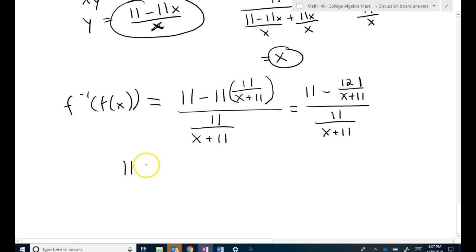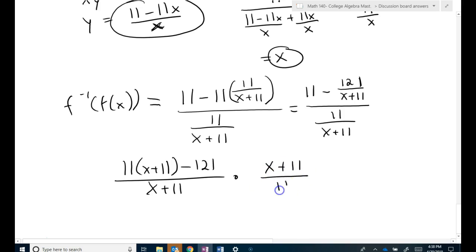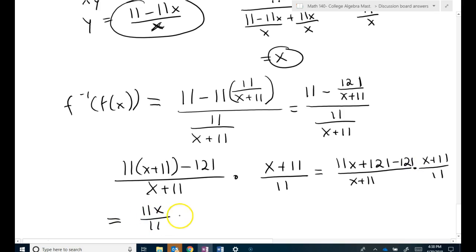So 11 times x plus 11 minus 121 over x plus 11, times x plus 11 all over 11, which equals, oh, this is just shocking, 11x plus 121 minus 121 all over x plus 11 times x plus 11 over 11, which equals 11x over 11, which equals x.